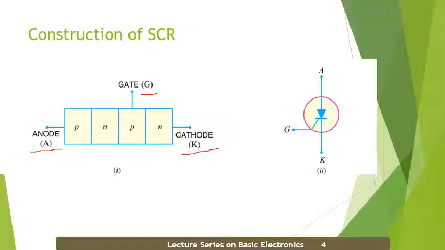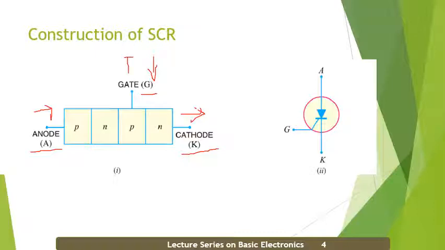And this is the symbol. The symbol looks like a diode, but it has an extra gate terminal. This gate terminal should be used in the circuitry. I need to make the current flow from anode to cathode, so it is also called IAK, or current flowing from anode to cathode, for which I provide the IG.